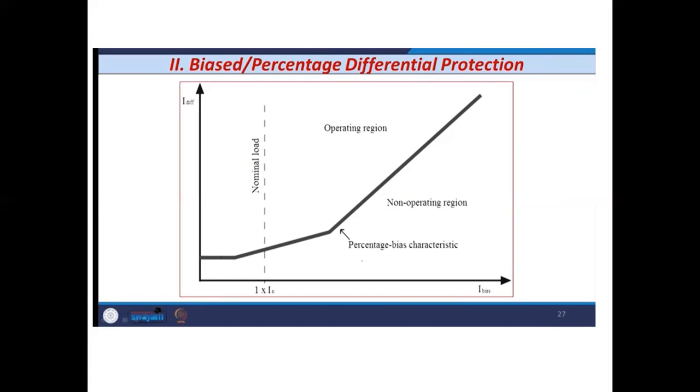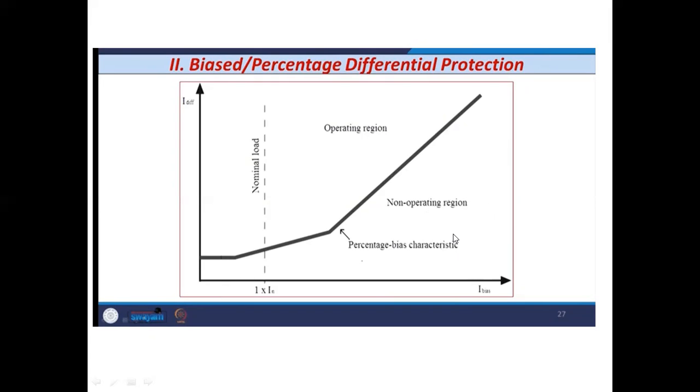If you have any fault point that falls above this line, that is the operating region of the relay. And if any point falls below this characteristic line, then that region is the non-operating or the restraining region.